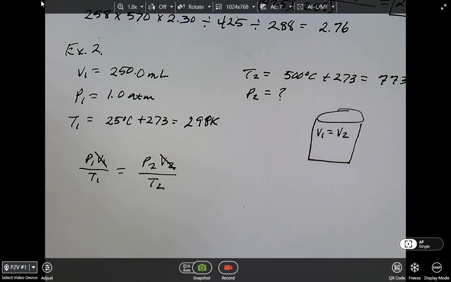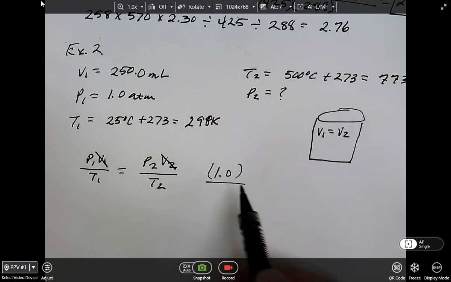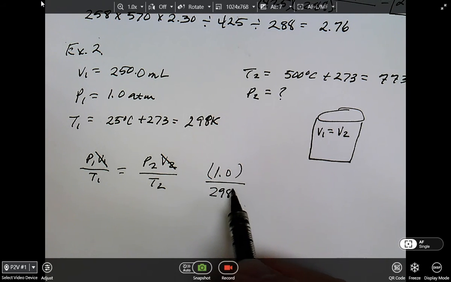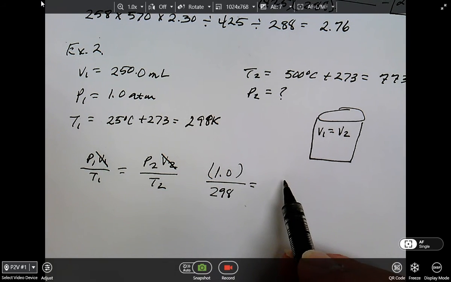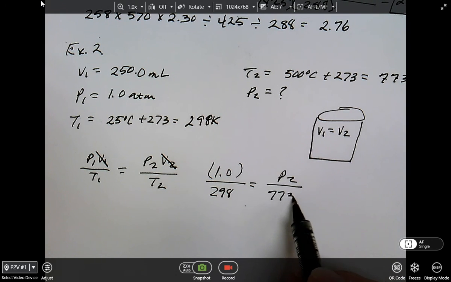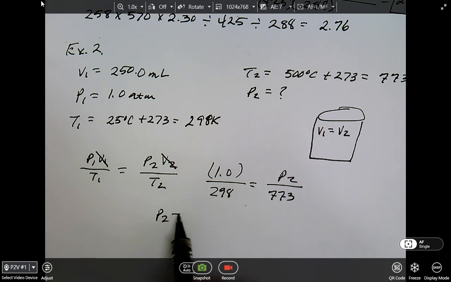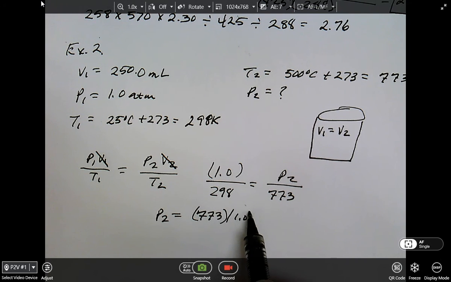So let's go ahead and solve this one. We're going to have 1.0 over our 298 is equal to P2, our unknown, over 773. Okay, so we're going to do our cross multiplication here, and P2 is going to be equal to 773 times 1.0 over 298.